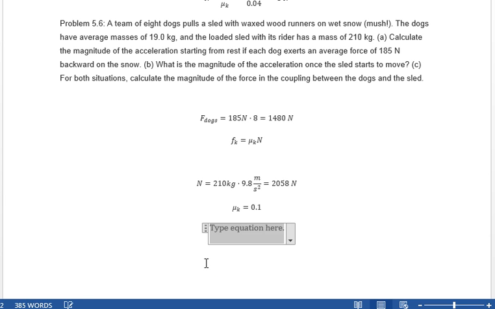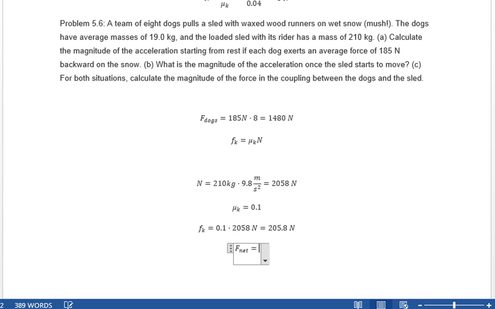This means the frictional force is 0.1 times 2058 newtons equals 205.8 newtons.